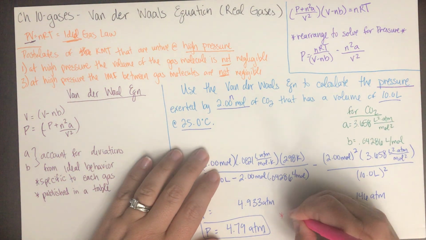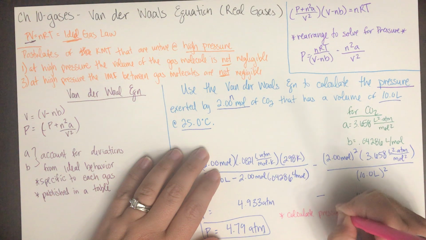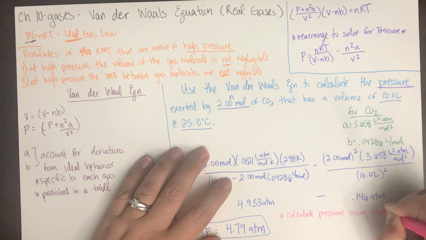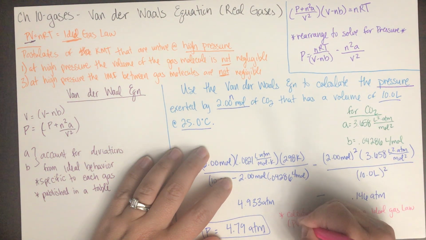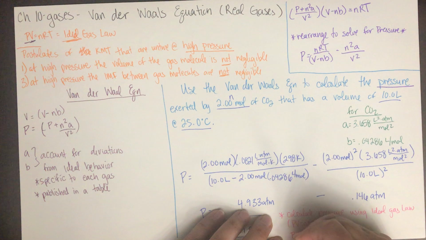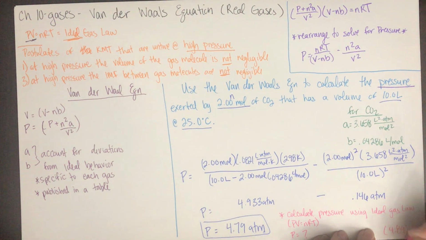So I also want you to calculate pressure using the ideal gas law. So using PV equals nRT, not using these A's or B's, and see what you get for pressure. You should get an answer of 4.89. But I want you to do that on your own and see what you get. So you should get 4.89, which is close.